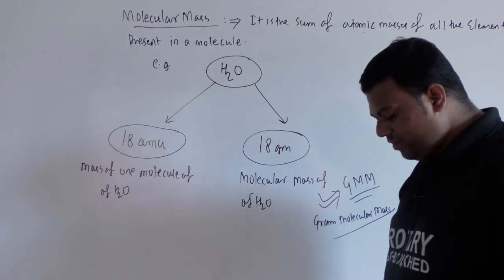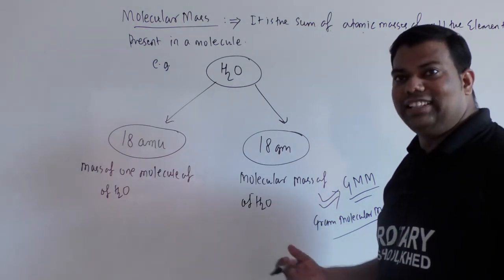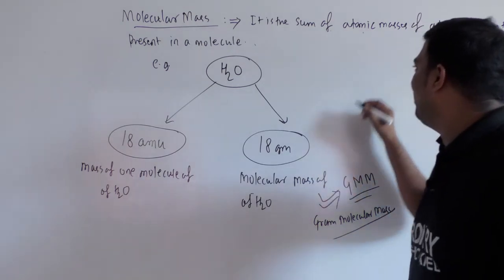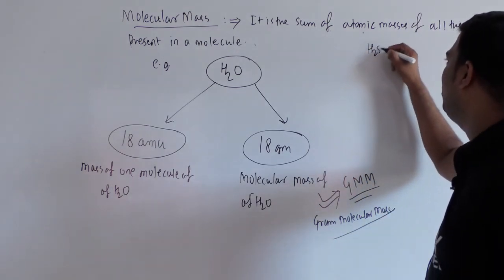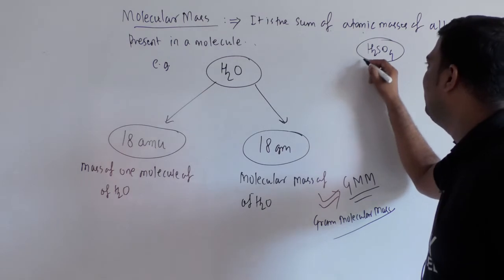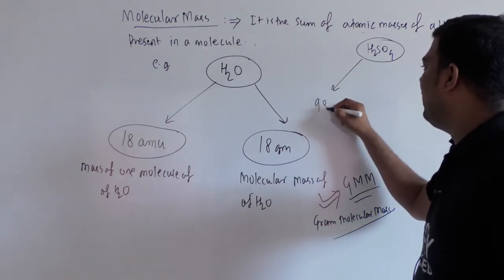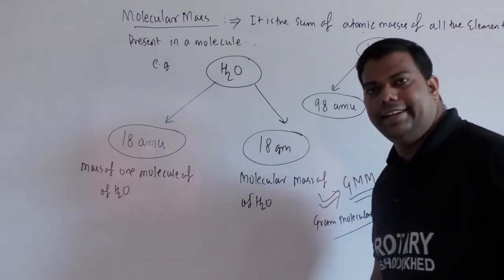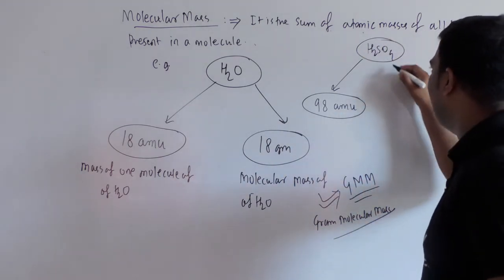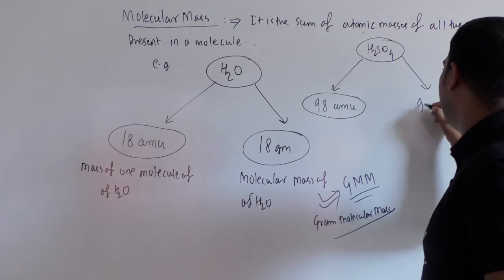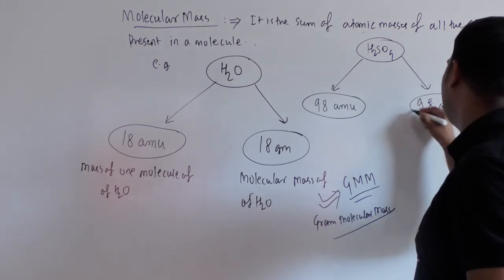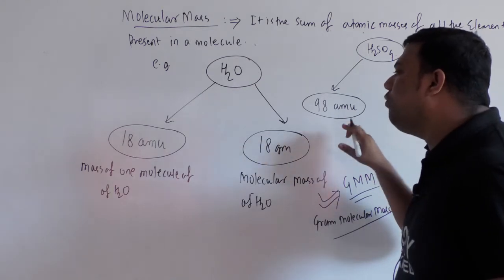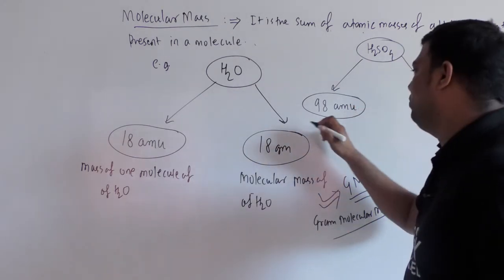ठीक है. Now suppose we talk about H2SO4. ओके, बघा आपण जर H2SO4 चं उदाहरण घेतलं तर इथे 98 लिहिलं, त्याचा टोटल मास 98 आहे. ठीक आहे. So 98 AMU आपण लिहिलं आणि इथे 98 ग्रॅम लिहिलं. तर आपण कसं डिफरन्शिएट करणार, same: it is the mass of one molecule of H2SO4.